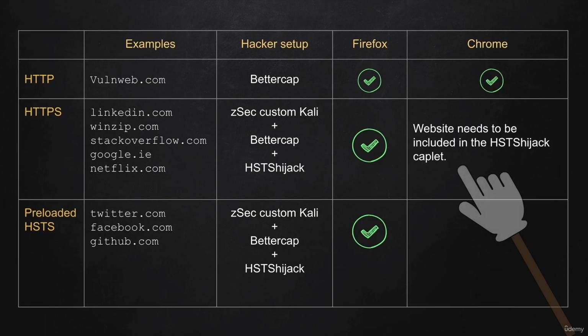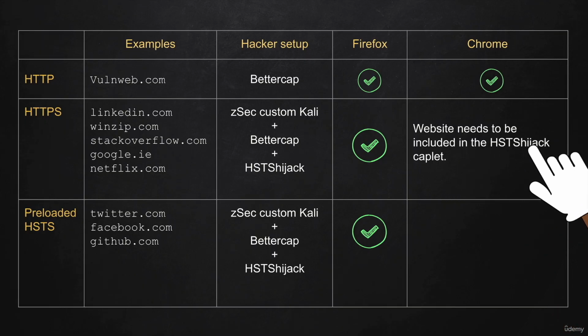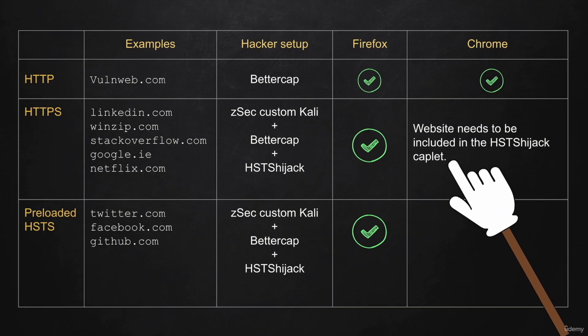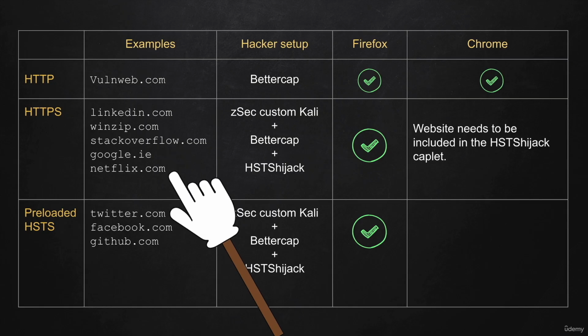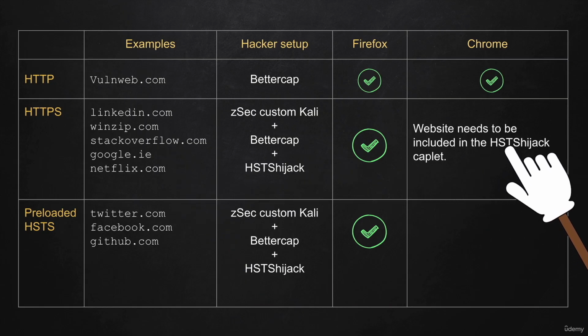The only thing is you need to make sure that you input the target website in the HSTS hijack caplet. So similar to what we did with HSTS websites, you're actually going to have to include all of the HTTPS websites that you want to target and you want to downgrade to HTTP in your HSTS hijack caplet. So it's a bit of a limitation, but that's the only way we can do it with the latest version of Chrome.